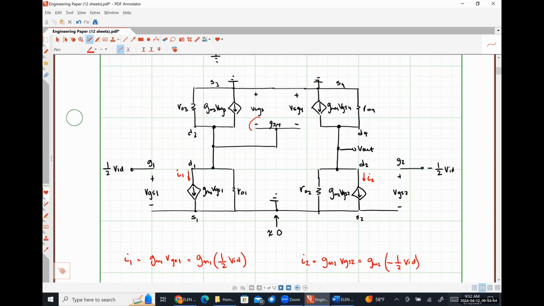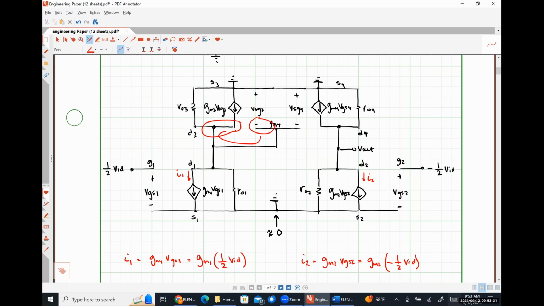The negative polarity terminal of VSG3 is tied to the bottom terminal of our current source. So we know for sure that the voltage drop across that current source is just VSG3. There is a linear relationship between the voltage across that current source and the current being supplied by that current source. So it just looks like a resistance that is 1/GM3. It's a diode connected transistor, so that shouldn't be a huge revelation here.